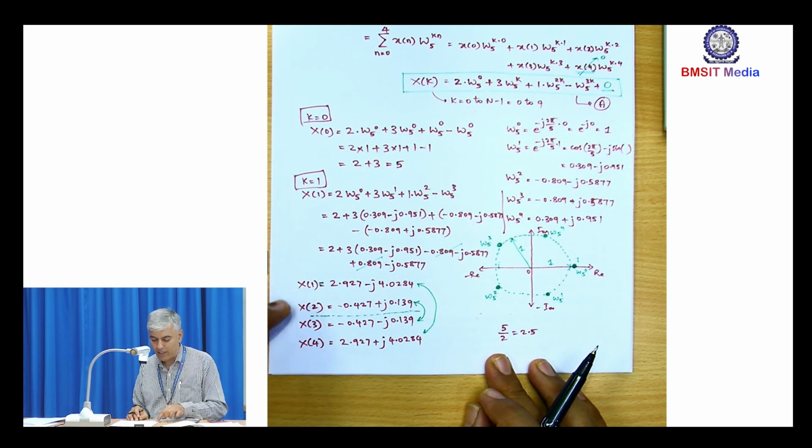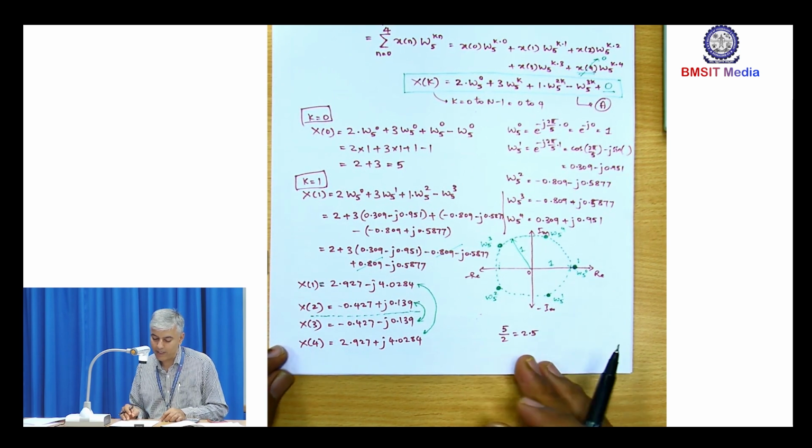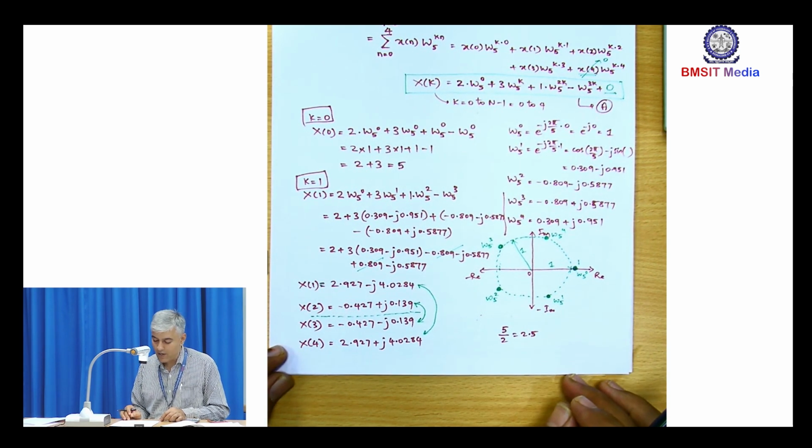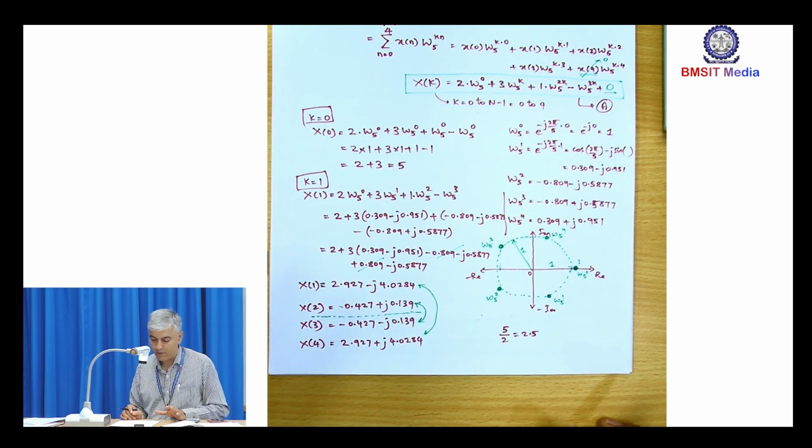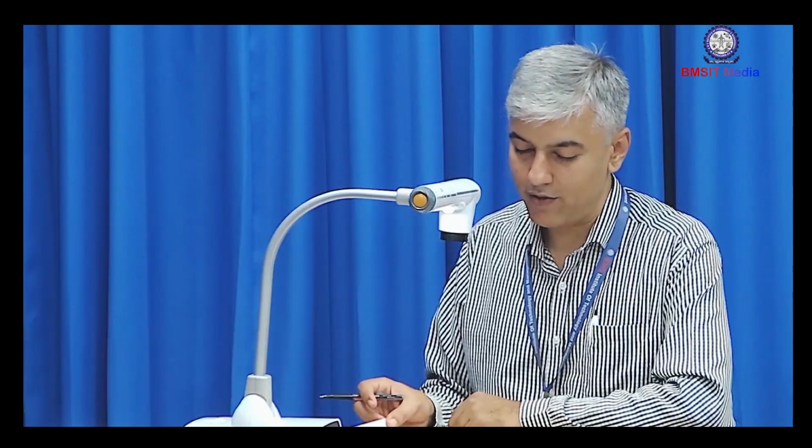So if you have determined 1, you can determine 4. If you have determined 2, you can determine 3. That way the calculation speed can be increased. Okay, so this is our solution. In further sections, we shall also try to take the 5-point DFT, 6-point DFT, and so on.